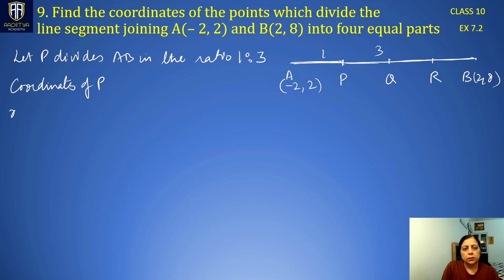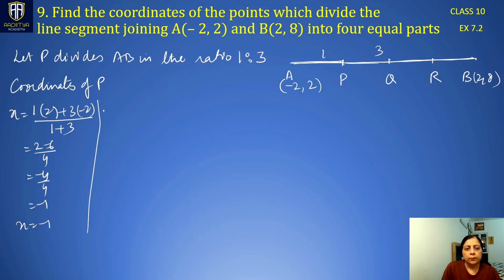Like for x, 1 gets multiplied by 2, 3 gets multiplied by negative 2, divided by 1 plus 3, which is 2 minus 6 by 4, minus 4 by 4, which is minus 1. So for P, x becomes negative 1.